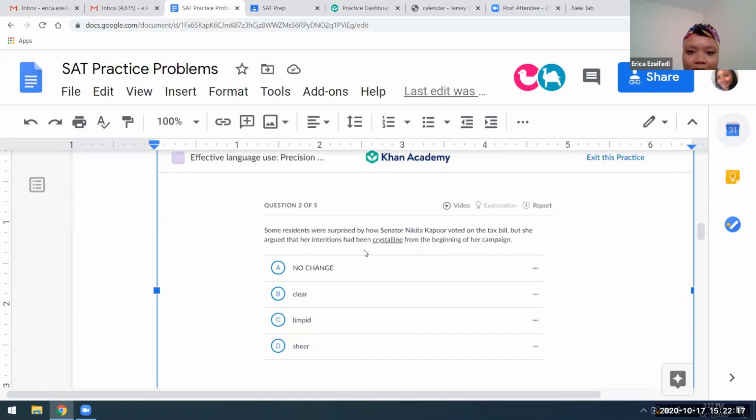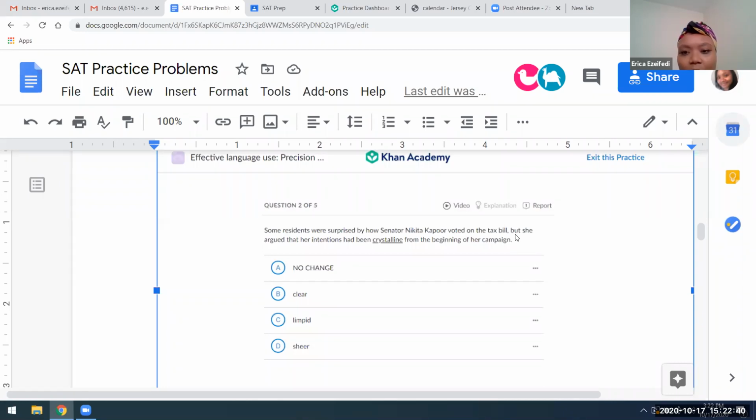So her arguing that her intentions had been crystal something, just going off of if you're not familiar with the word crystalline, that doesn't make sense. So clear is the only one that makes sense because we know the word but is here and it's a major changer in this sentence.